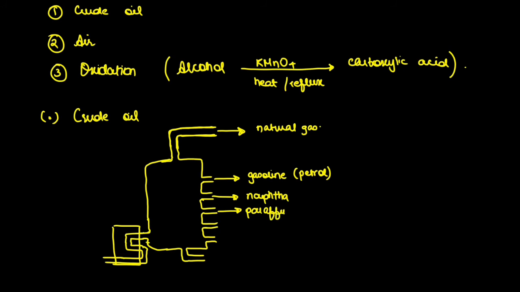Now keep in mind that paraffin is also known as kerosene oil. And the next one is diesel oil. Fifth one being lubricating oil. Seventh one being bitumen.